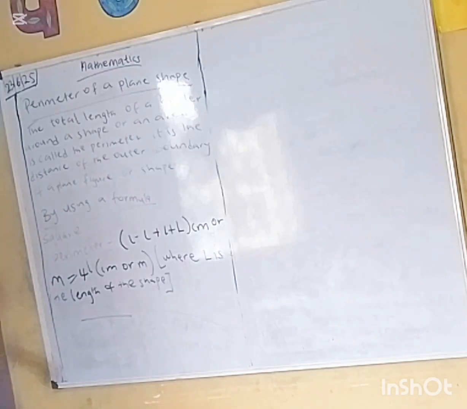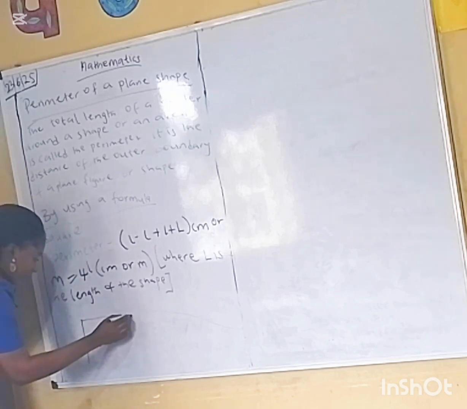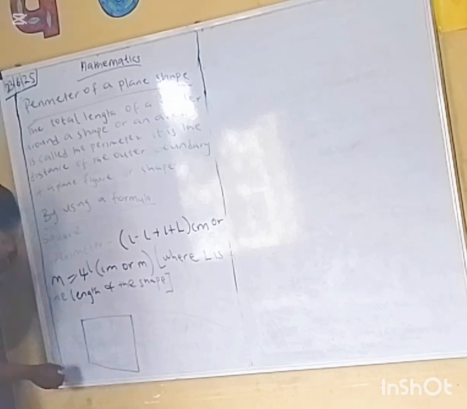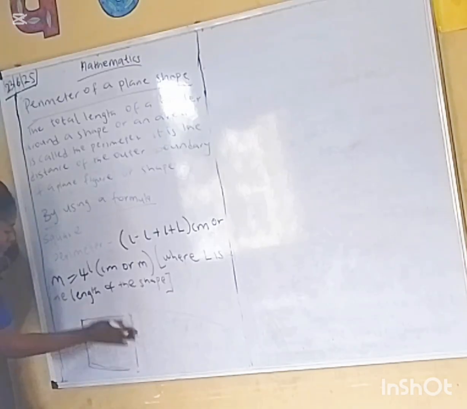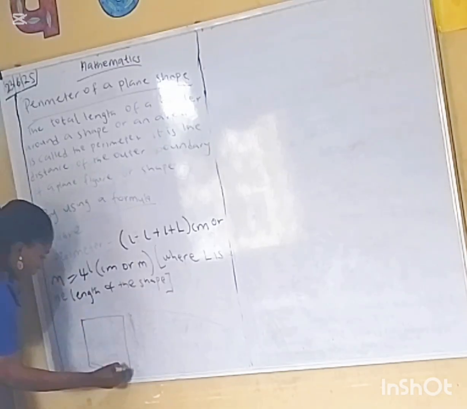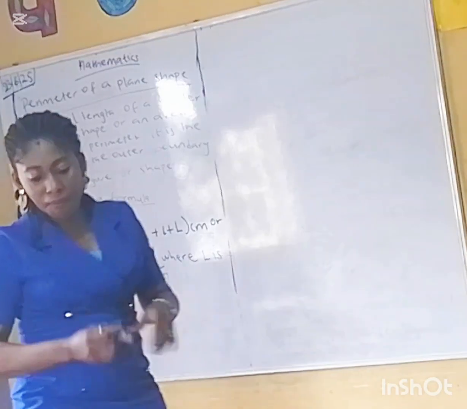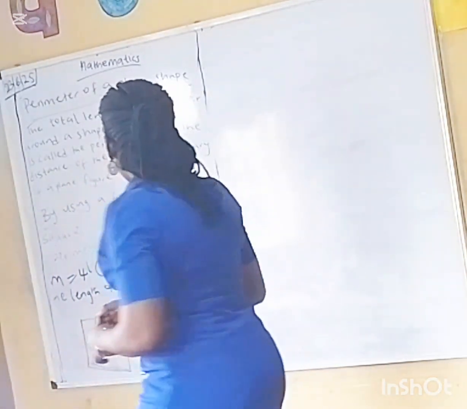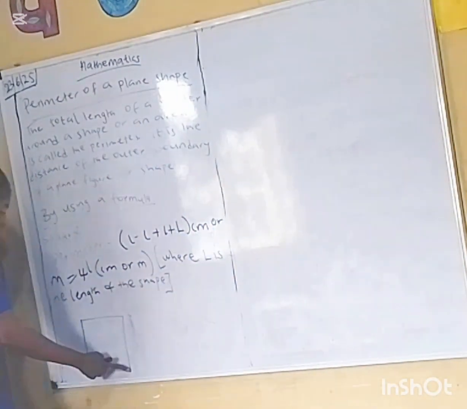Now, for a square, don't forget this is how a square looks, right? All sides are equal. Is my diagram correct? All sides have to be equal. Yes. Okay.